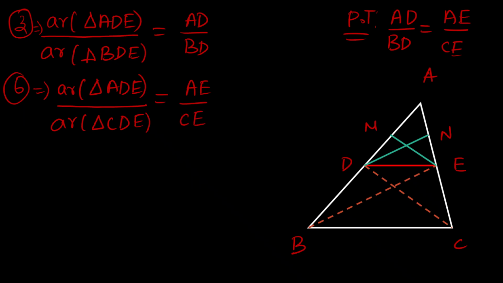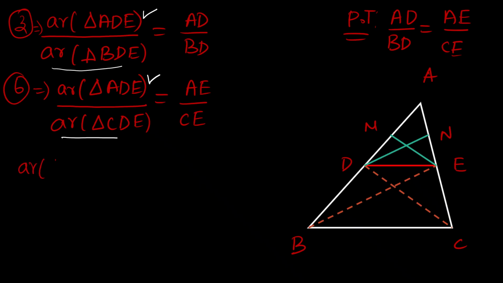So we need to prove the RHS of equations 3 and 6 are equal. To prove the RHS are equal, we just need to prove the LHS are equal. Here, the numerators are the same. Both sides, the LHS of equations 3 and 6, have the same numerator. So we just need to prove the denominators are equal. Actually, they are equal.